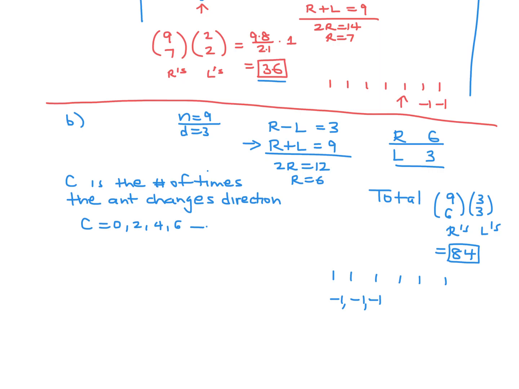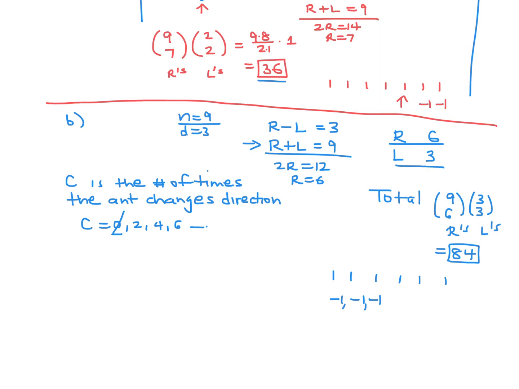So there's no way that you could change direction 0 times. You would have to change direction at least once or twice or whatever in order to get back at 3. Yeah. So 0 is not possible. This one is not possible. So I'll cross that one out.